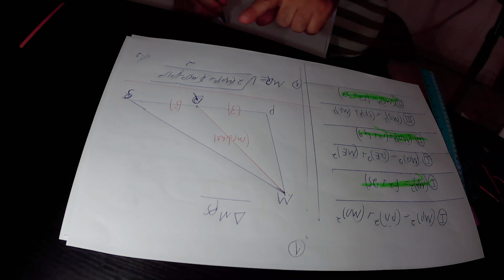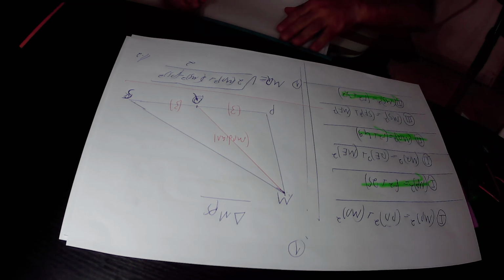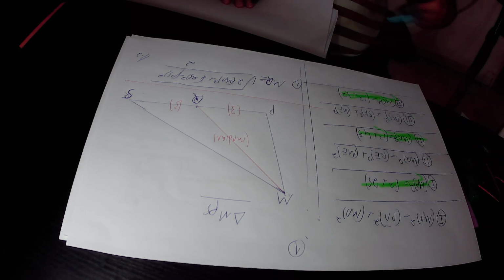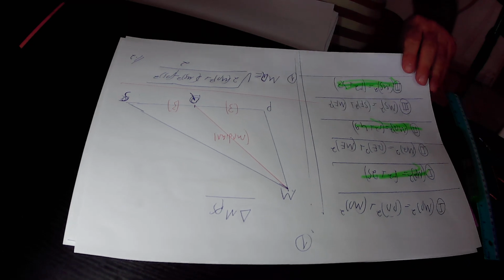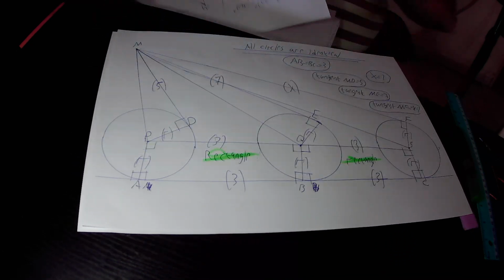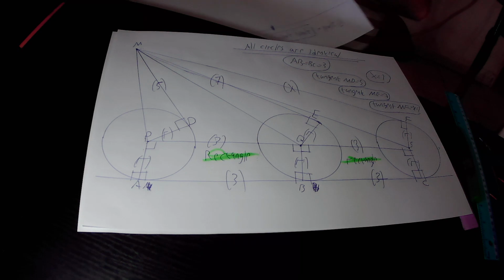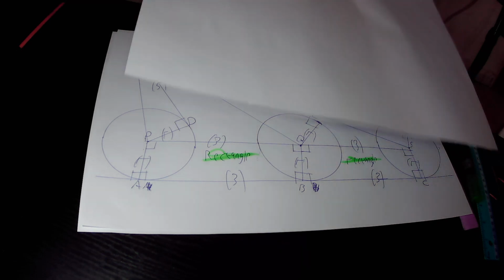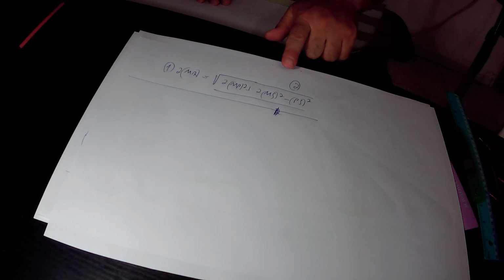Actually, we multiply it by 2, so the 2 will get cancelled. So after we multiply this equation 1 by 2, we found that MQ equals the square root of 2MP squared plus 2MS squared minus PS squared.